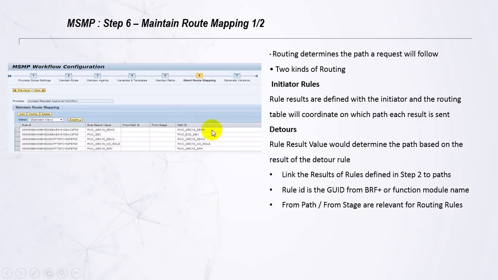Each path has a different request type mapped, and each path ID will map to a rule result value. So it verifies the rule result value first, then identifies the path, then executes the number of stages which are mapped in the path.